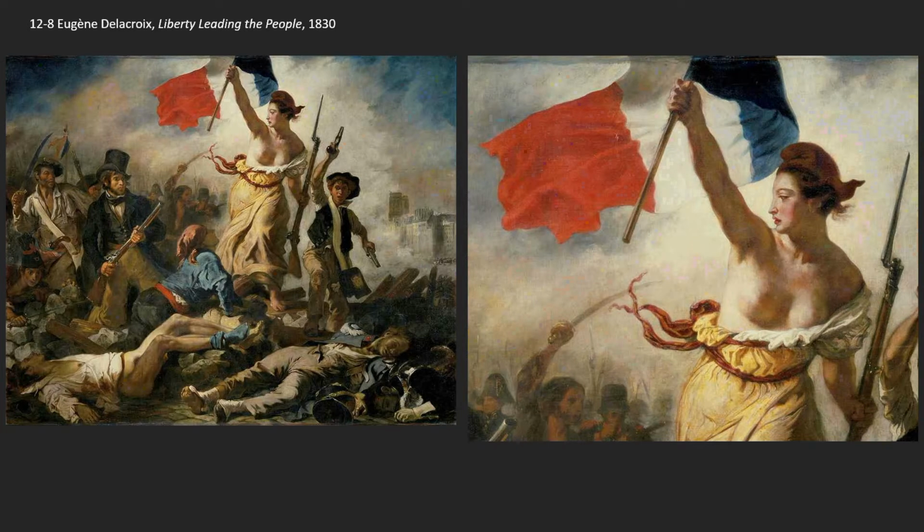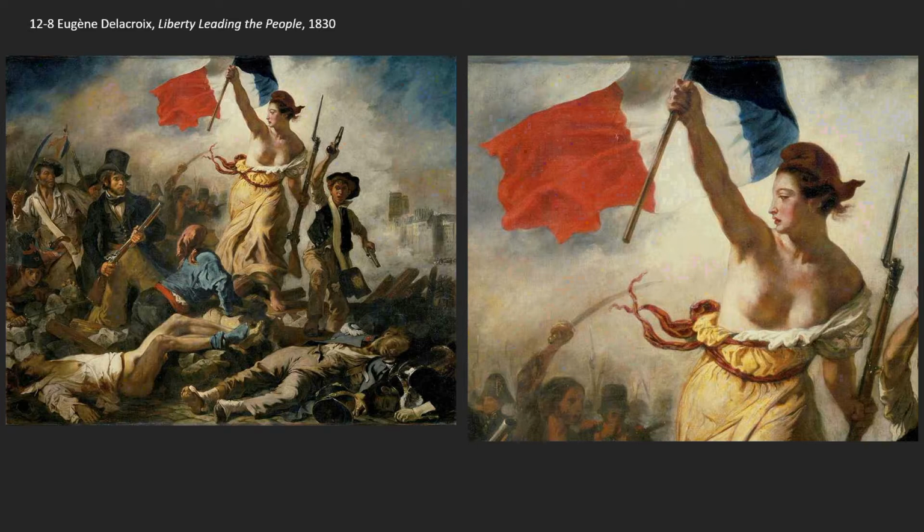One, obviously, her wardrobe malfunction should be a tip in itself, right? She's not marching around the battlefield really with her breasts out. This is because liberty nurtures us all. So we get to see her breasts as mothering figure. It's not meant to be sexy. Second, she's carrying the flag, right? The Bleu Blanc Rouge of France.